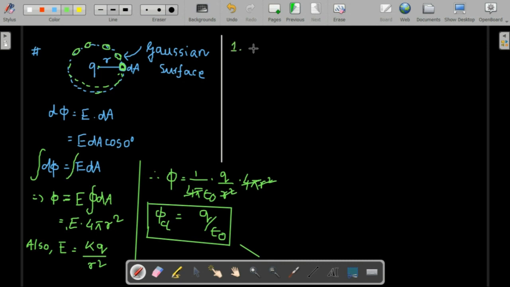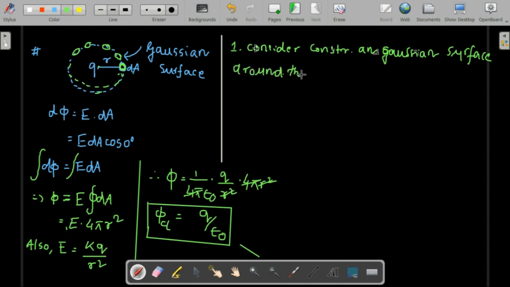Number one, in order to use the Gauss's law, you always have to consider constructing a surface, or we can write it down, a Gaussian surface around the charge.